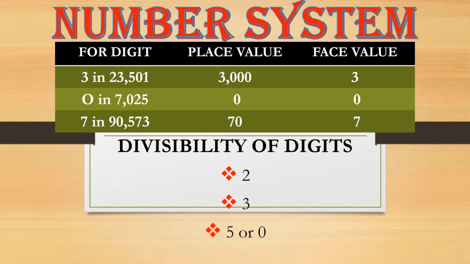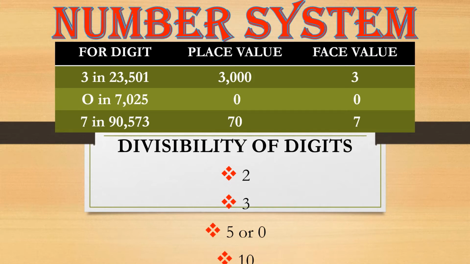Thirdly, 5 or 0. A number is divisible by 5 if its last unit or digit is either 5 or 0. For example, 10, 25, 40, 65, 85, etc. And at the last, 10.